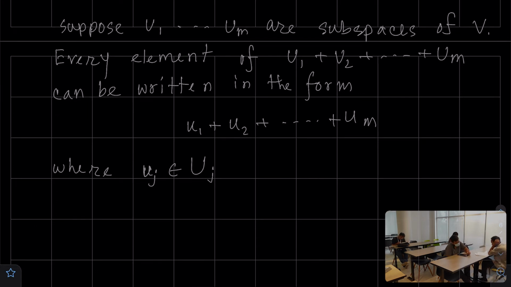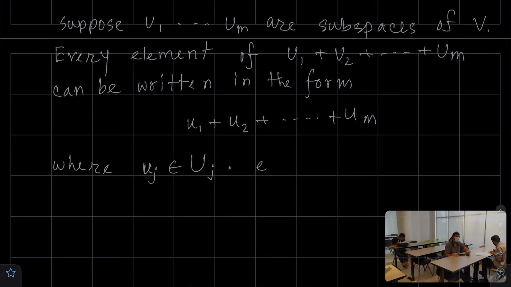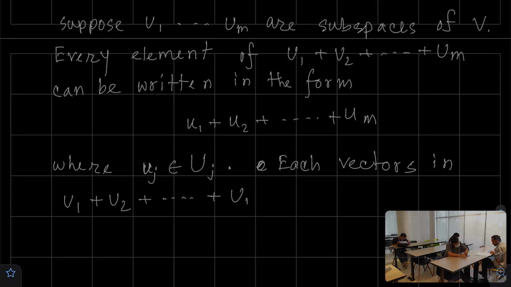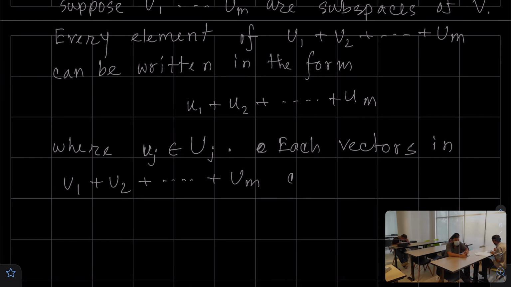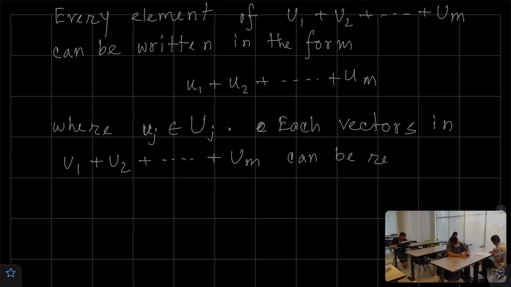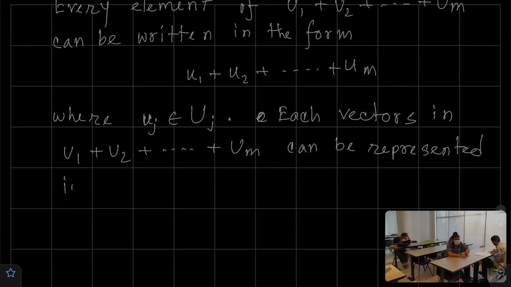Now we are actually interested in the case where each vector in U1 plus U2 plus ... plus UM can be represented in the form above in only one way.